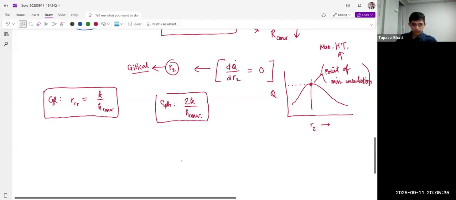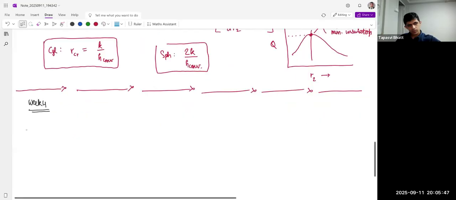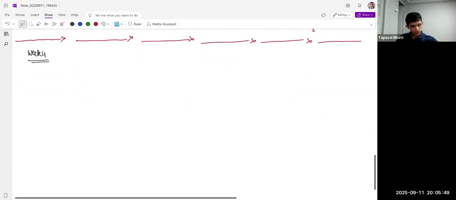Coming to week 4. Week 4 is essentially discussing the concept of fins. Let's say you had a surface like this and there was heat transfer happening.